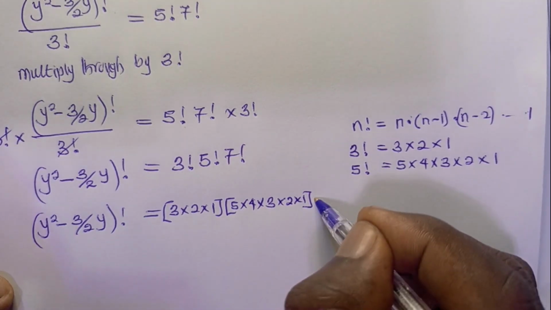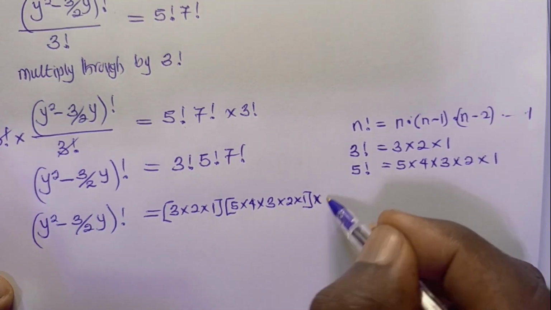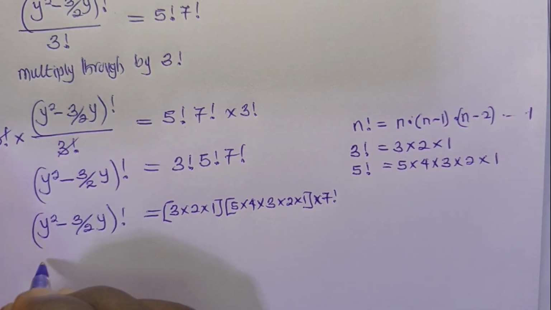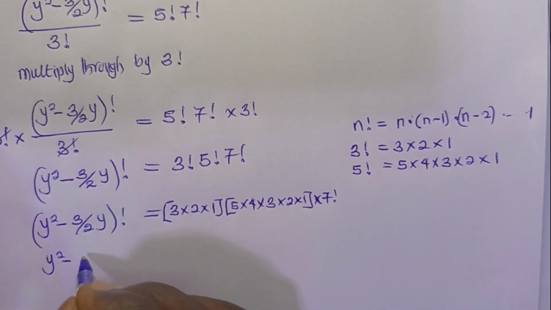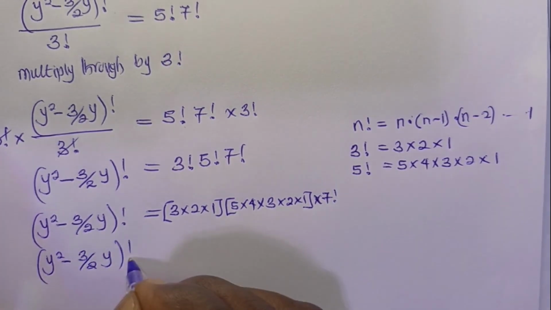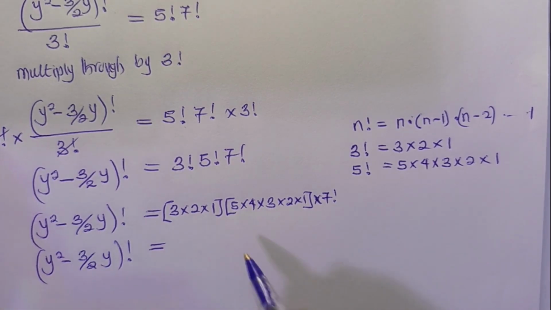Multiplied by 7!. We are trying to write the equation in such a way that we can reorganize this to one factorial.